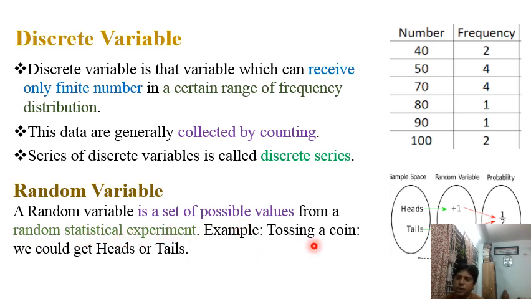Suppose when we toss a coin, there is a possibility of getting heads and tails, only 2 values. The probability of getting heads is half and the probability of getting tails is half. So these values are called random variables, which arise from a random statistical experiment.